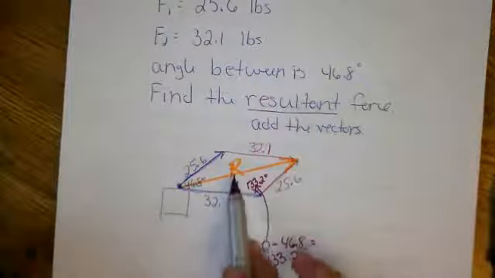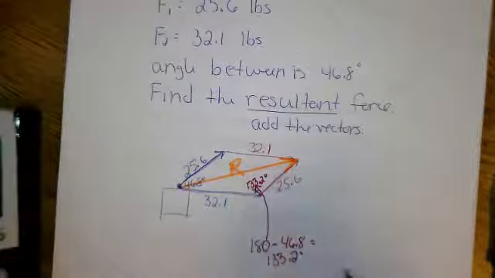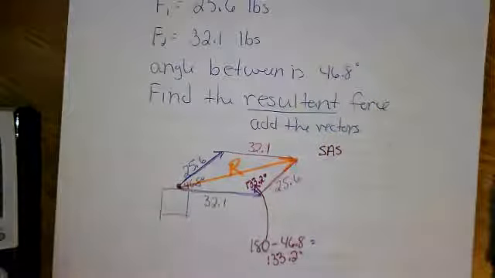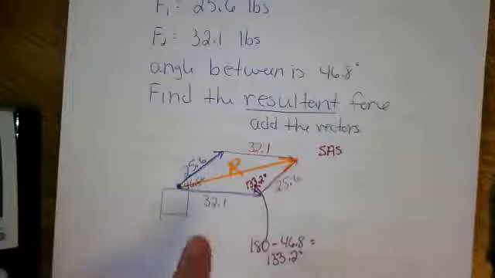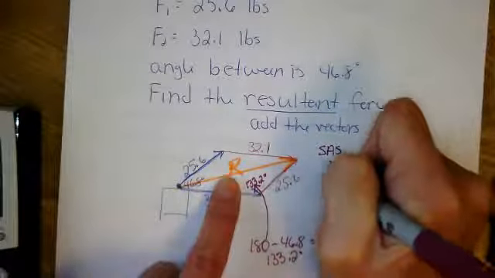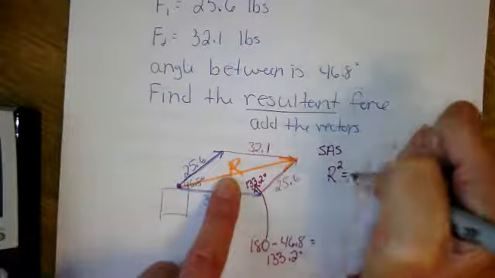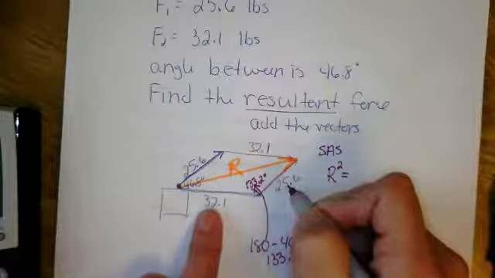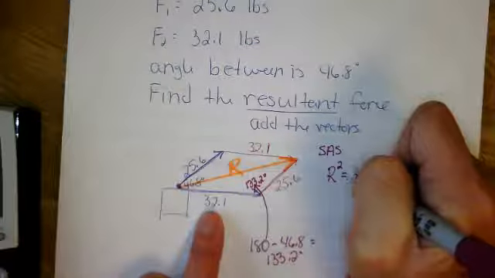So my goal is to now solve for this side of the triangle. I have a SAS situation, side, angle, side, which means I'm going to do law of cosines. So if you remember how that works, if you want to find the side, that side squared equals the two known sides squared and added, so it doesn't matter which one comes first.